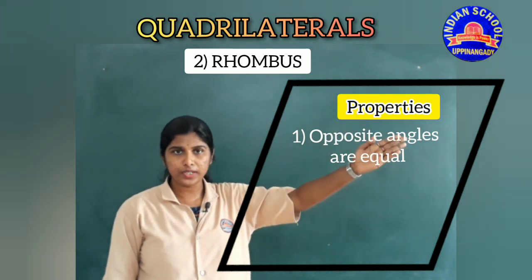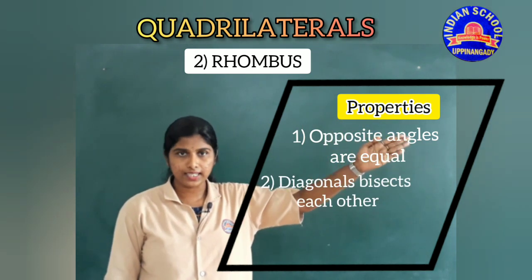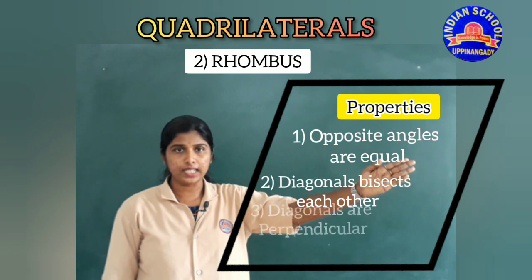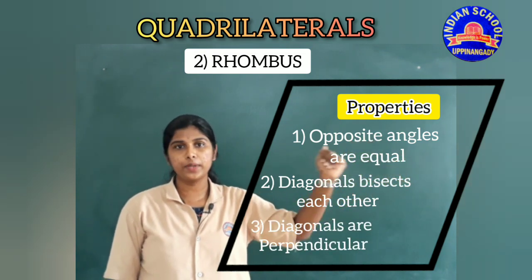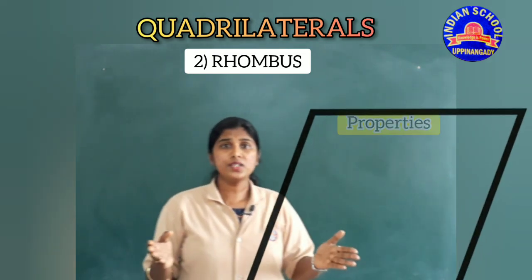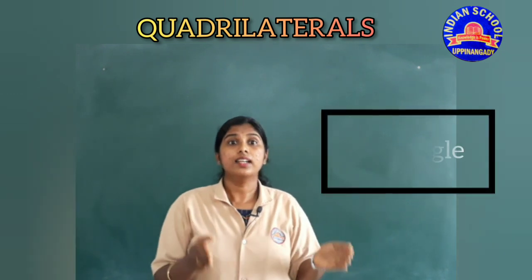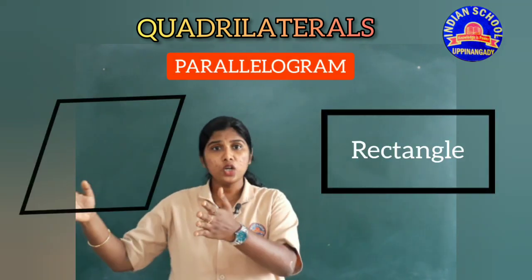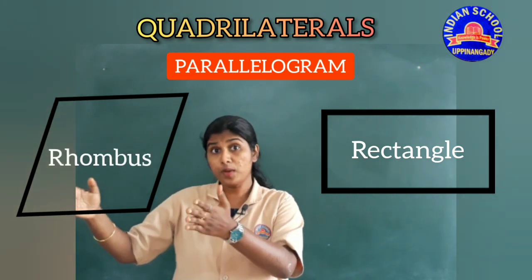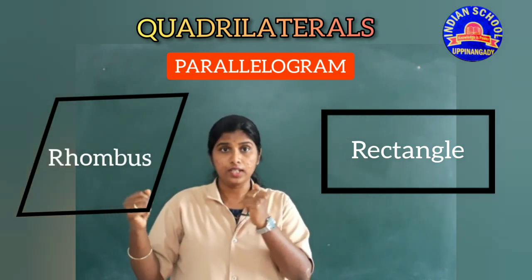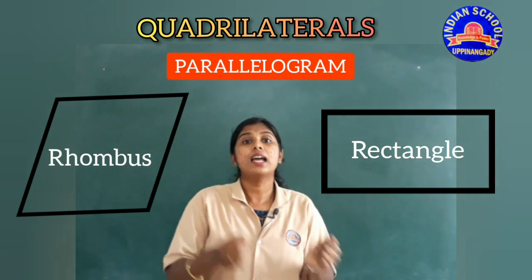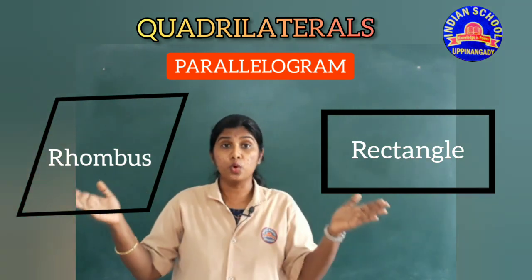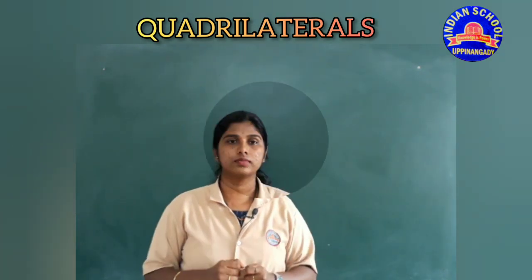The second property is diagonals bisect each other, and the third property is diagonals are perpendicular. So, dear students, a rectangle is a parallelogram, and a rhombus is also a parallelogram. Remember, rectangle and rhombus both are parallelograms.